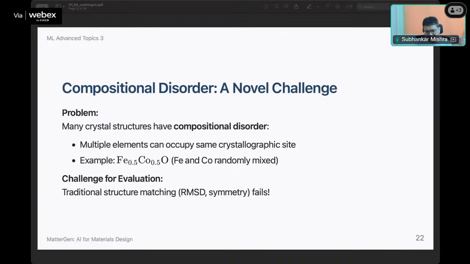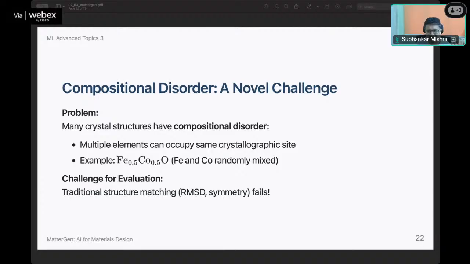So we covered first diffusion, how to train, and then conditioning. The next challenge that exists is called compositional disorder. Sometimes a specific site in a crystal will be randomly occupied by either, let's say, iron or cobalt.